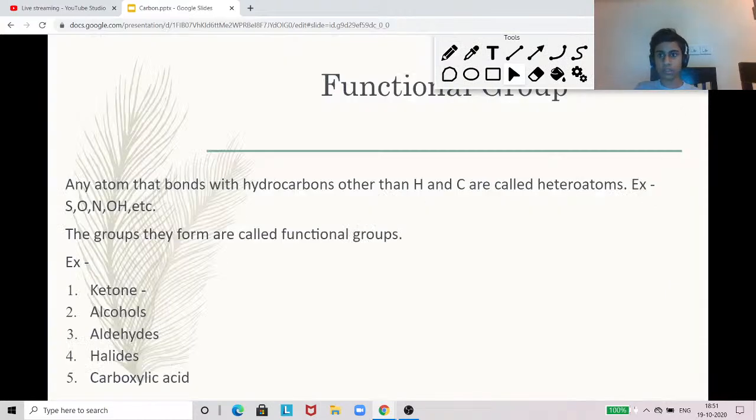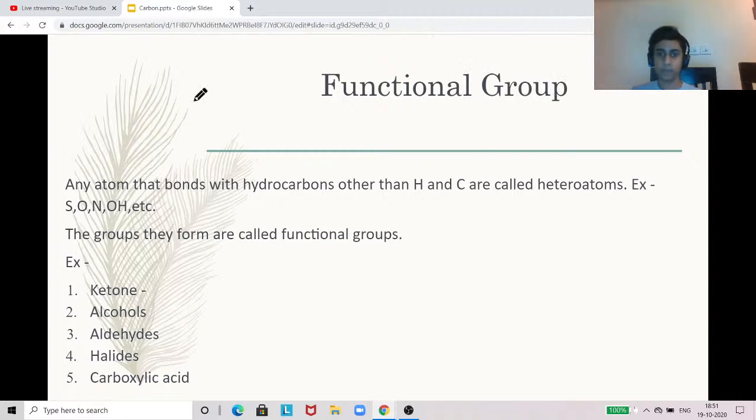Now, functional groups. Before understanding functional groups, let's look at what a heteroatom is. Any atom that bonds with hydrocarbons other than hydrogen and carbon is called a heteroatom. So let's say we have C here, C here.